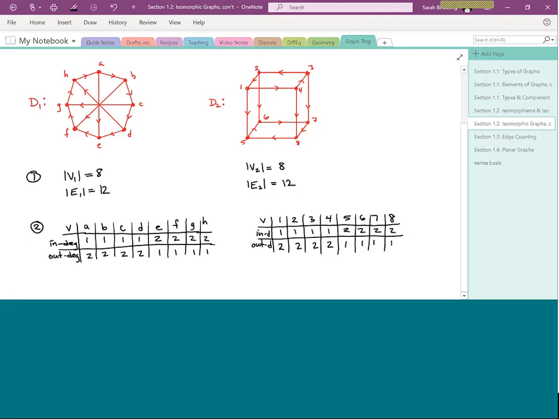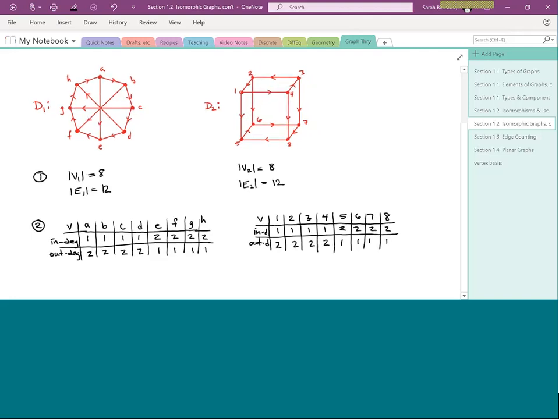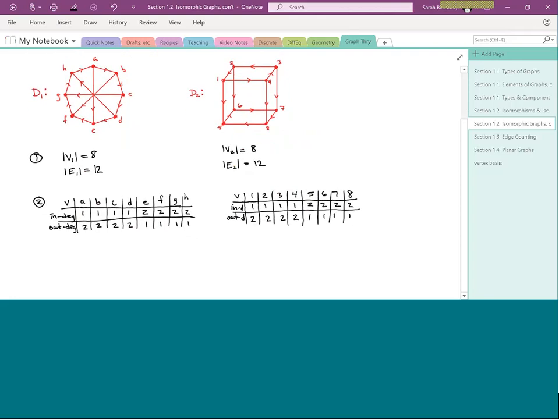So if we look at this first guy right here, typically what you do is you try to find the largest circuit possible. Anybody have a guess on the largest circuit possible that we could find in that D1 graph?